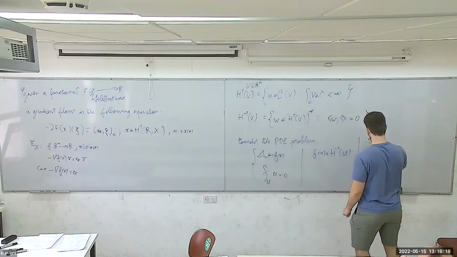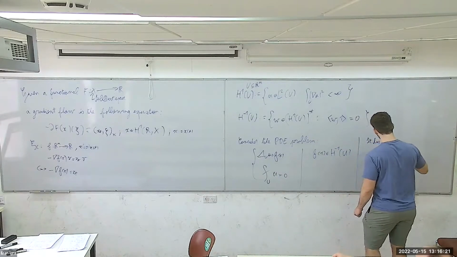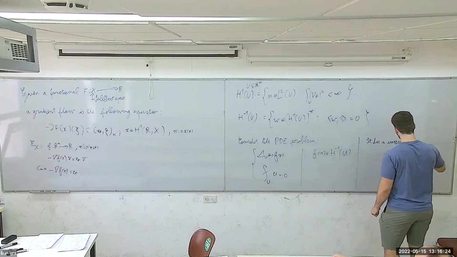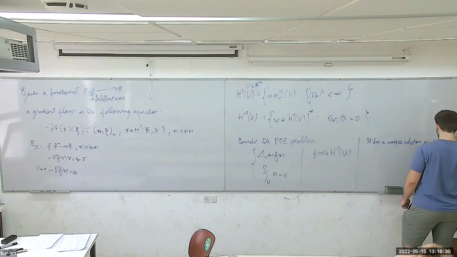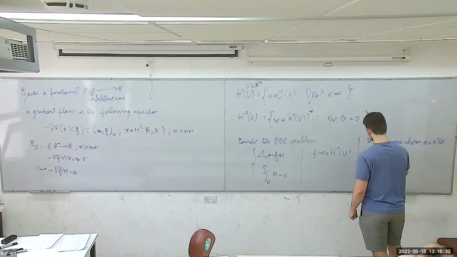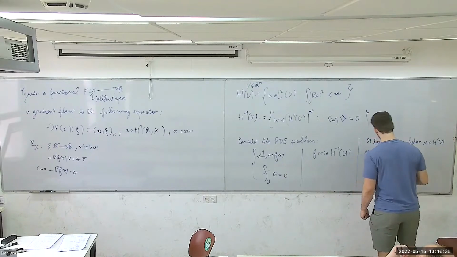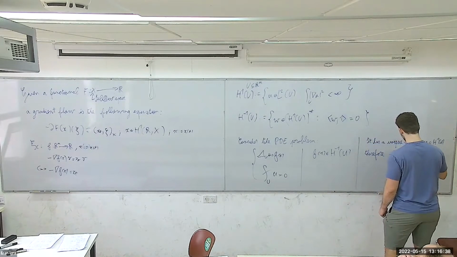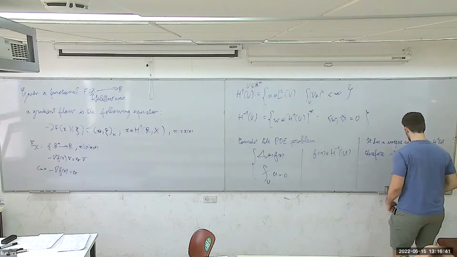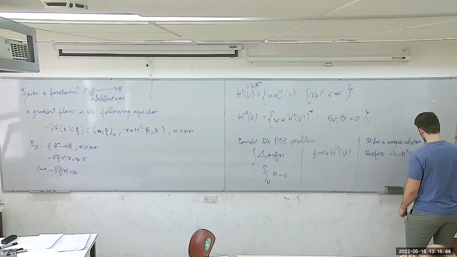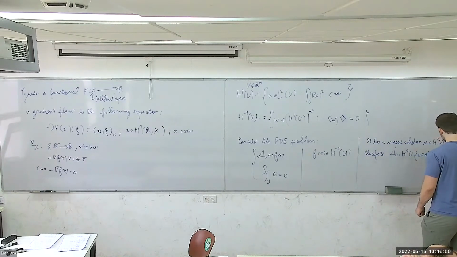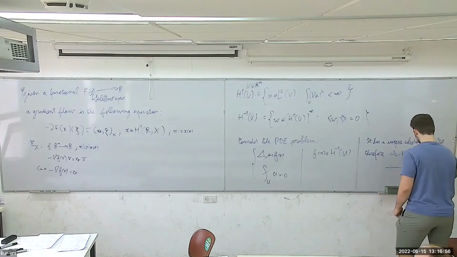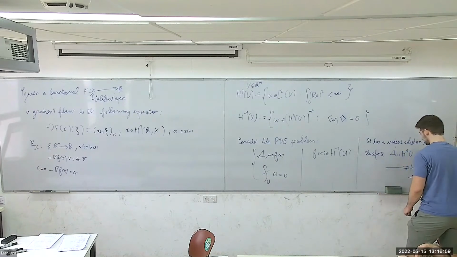So it has a unique solution U in H^1 of U. Therefore, the Laplacian is invertible from H^1 of U, such that the average of U is equal to 0, to H^-1 of U.